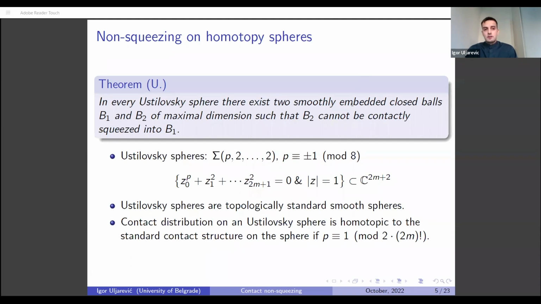So we see here that an Ustilovsky sphere exhibits non-trivial non-squeezing, and that the standard sphere, to which the Ustilovsky sphere is diffeomorphic, does not. And we also see that the reason why this theorem holds does not lie in the contact distribution up to homotopy through smooth distributions.